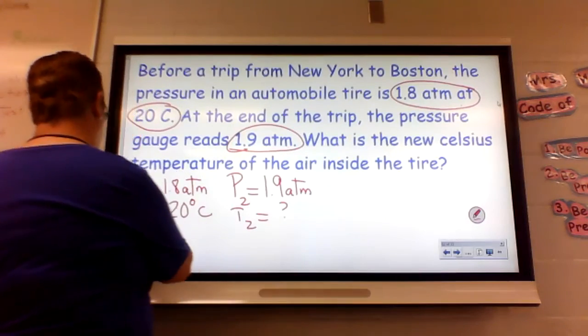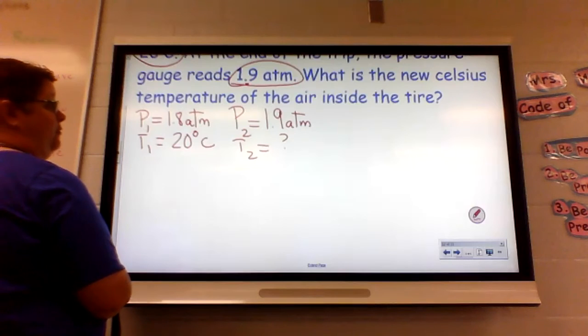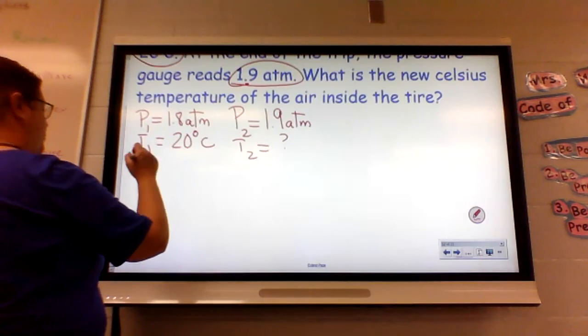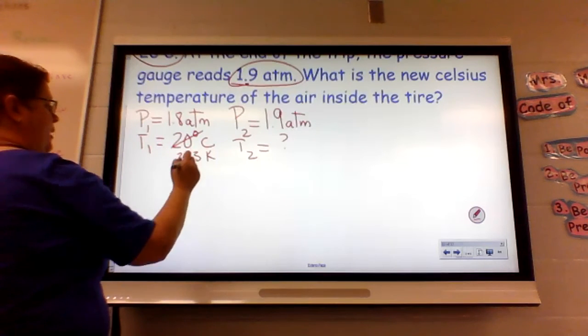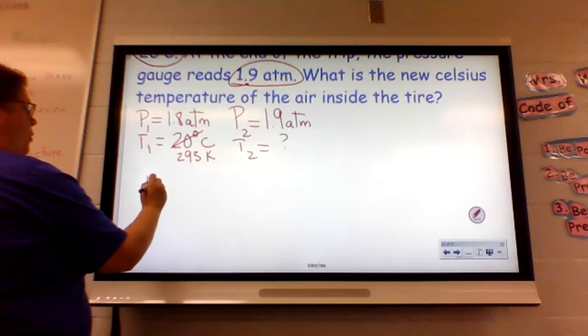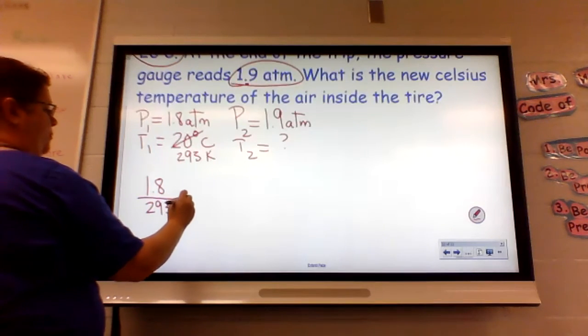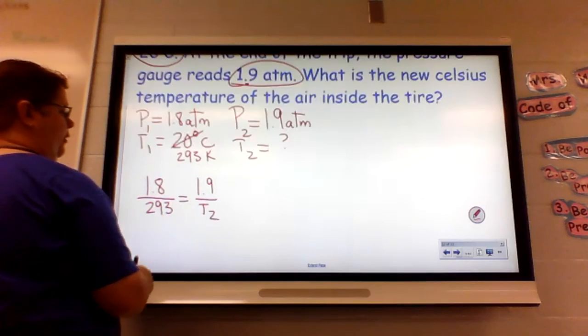Yes. All right, so looking at our temperatures, are we good with the units we have? No. Got to change to Kelvin. So 20 plus 273 is 293 K. All right, P1 is 1.8. T1 is 293. P2 is 1.9. T2 is, we don't know.